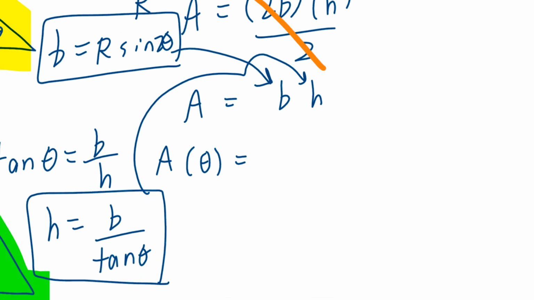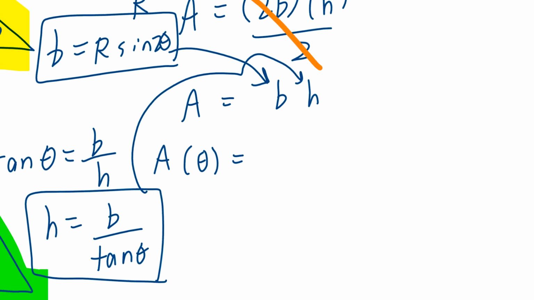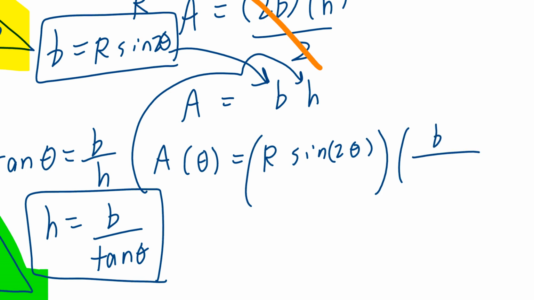The moment is here. So b equals r sine 2 theta, and I'll put brackets around 2 theta, times the height, which equals b divided by tan theta. Now again, notice I can plug in b one more time.